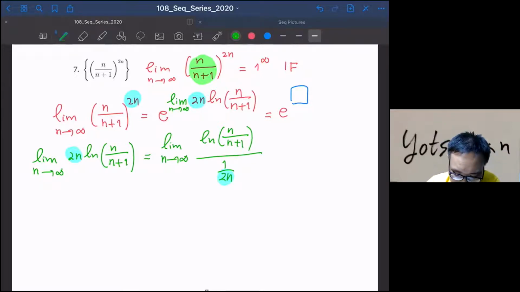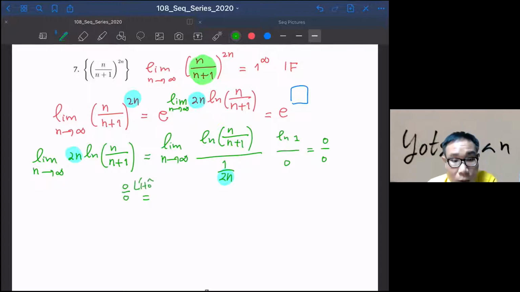If you take n to infinity, the top gives you log 1, which is 0, and on the bottom it's also 0. So this becomes 0 over 0, an indeterminate form, and you would just use L'Hopital.